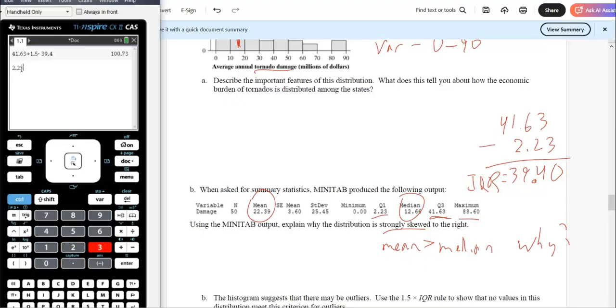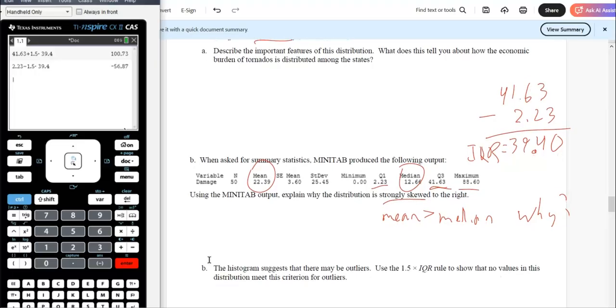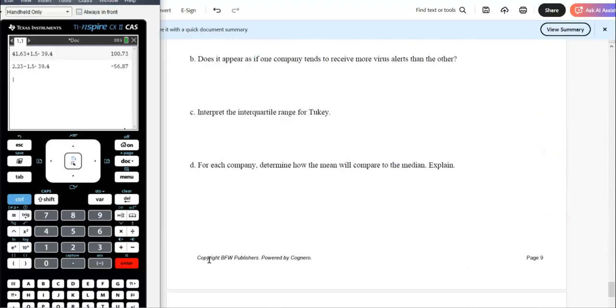Q1's 2.23 minus 1.5 times, I guess, 39.4. Well, that's not an outlier. To show that no value is, let's just double check this one.